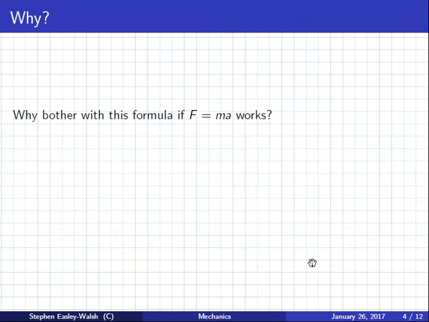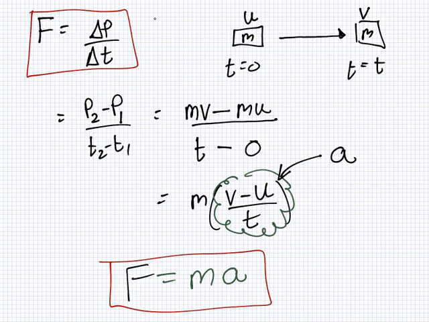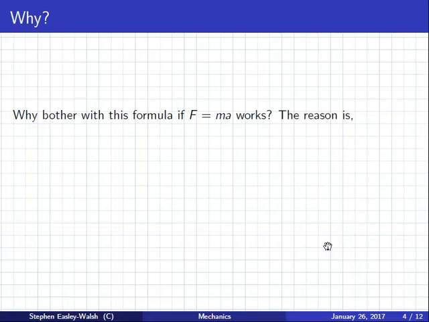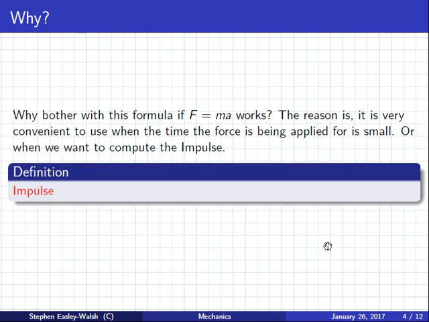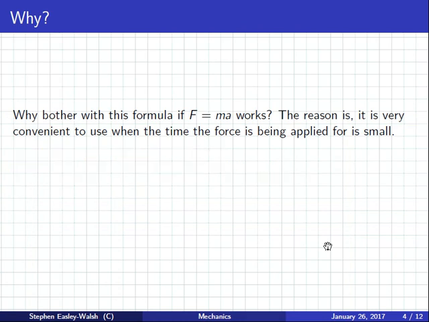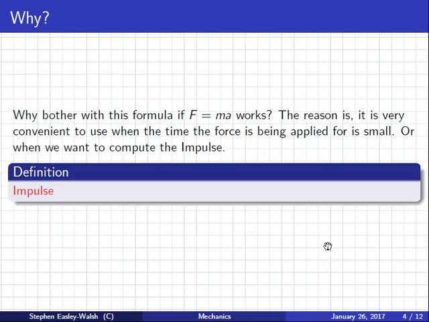why bother with this formula if F equals ma works? Like, why bother using this if we can already use this? Well, the reason is it's very convenient to use when the time is actually very small. This is one reason to use it. Another reason we might want to use this new formula is if we want to calculate something called the impulse.